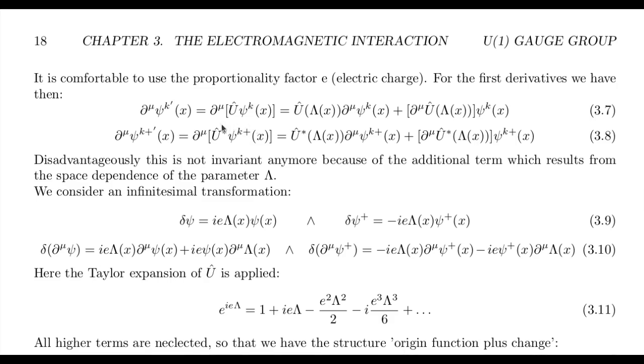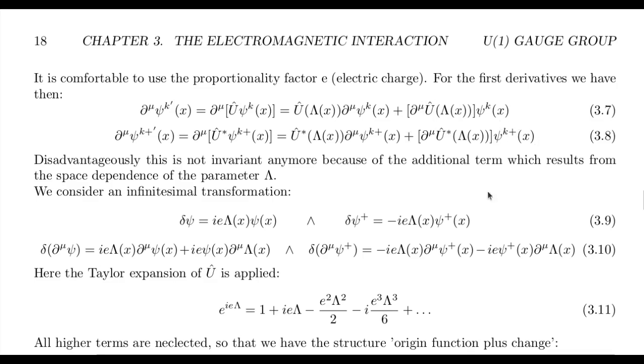And if we write this in this way, we must apply the product rule of differentiation, because U now is dependent on x. So we have two addends. In the first addend, psi is differentiated, and in the second term, U, the unitary operator, is differentiated.